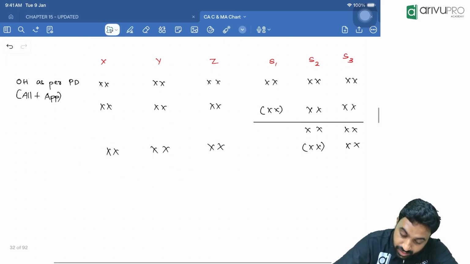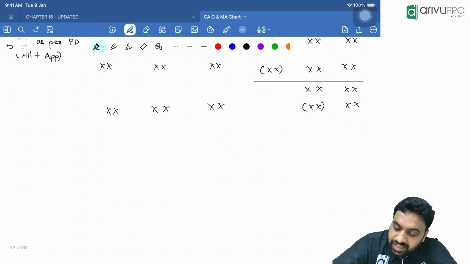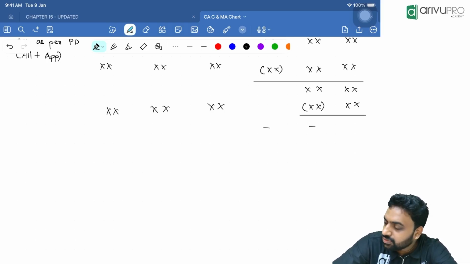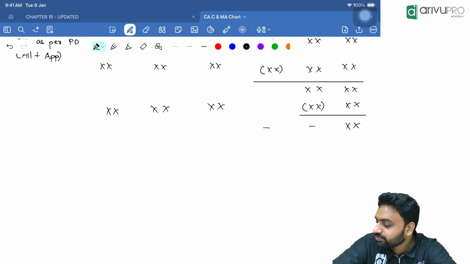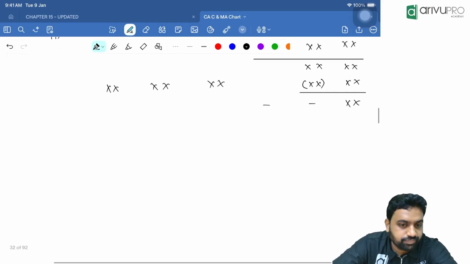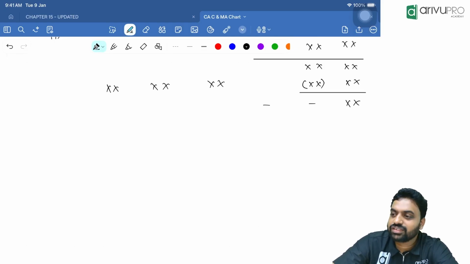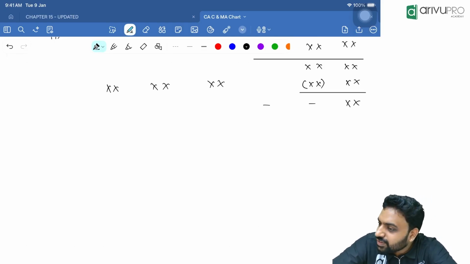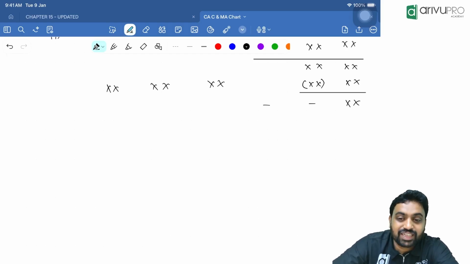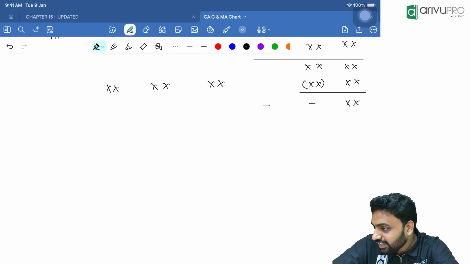Now, talking about S3: S2 is nil, S1 is nil, and S3 will have some overhead. Now S3 is fully independent. Correct? So S3 won't love S1 or S2. That means S3 is non-reciprocating the service.